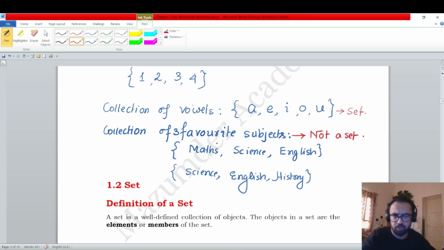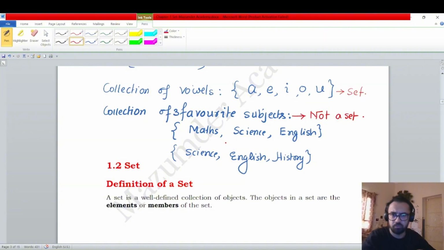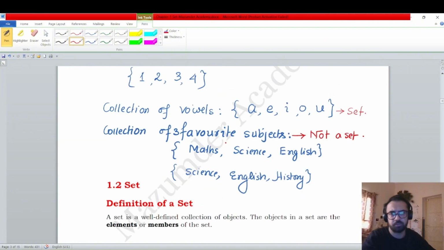Suppose group of best students, collection of favorite teachers, collection of good students, collection of meritorious students, like this. The things which are not well defined will not represent a set, and anything that is well defined, or will not change its elements, that will represent a set.